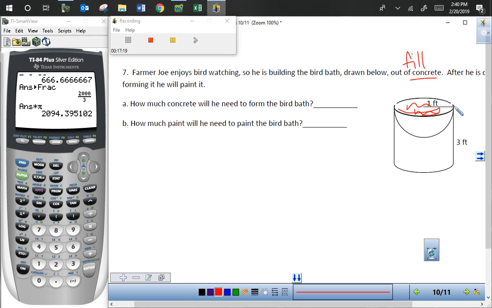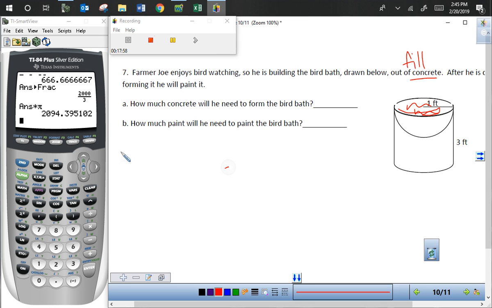Normally with our compound shapes, we're doing one on top of the other. This time, there's one shape inside of the other. Because of that, we are going to do subtraction instead of addition here.